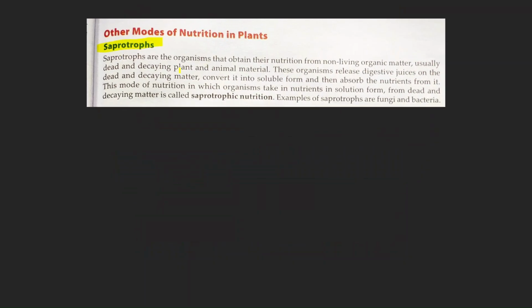Saprotrophs are organisms that obtain nutrition from non-living organic material, usually dead and decaying plant and animal material. These organisms release digestive juices on the dead and decaying matter and convert it into soluble form and then absorb that nutrient from it. The mode of nutrition in which organisms take nutrients in soluble form from dead and decaying matter is called saprotrophic nutrition.